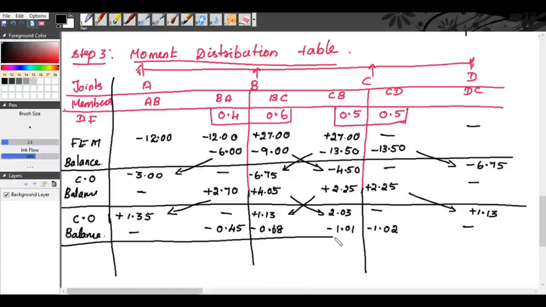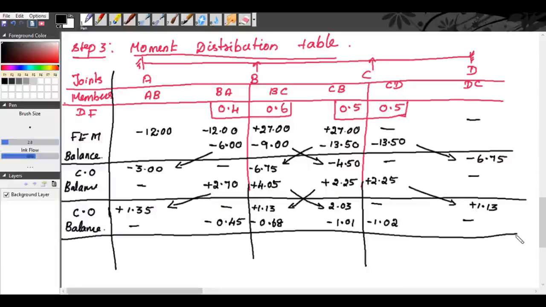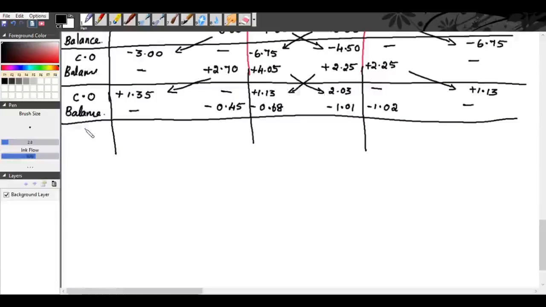Now we will go for carryover. It is minus 0.22. Here carried, so we get minus 0.5, minus 0.34, minus 0.51.